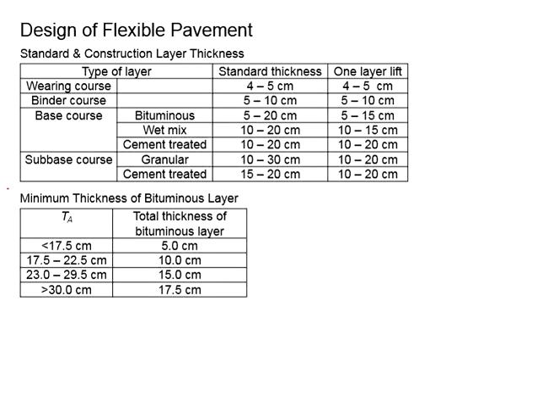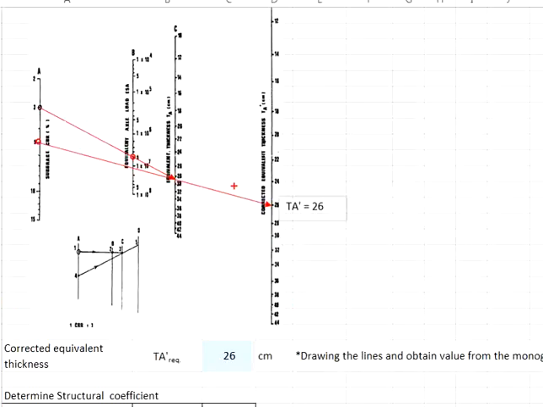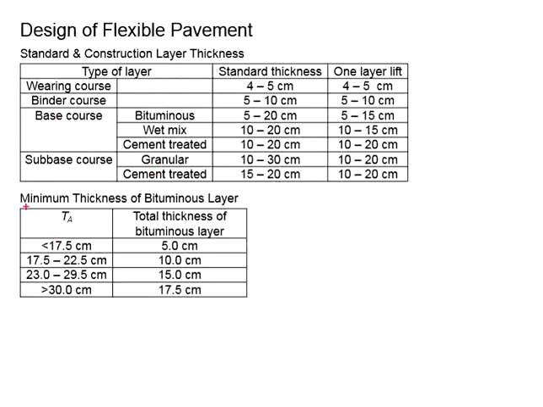There is one more requirement that you need to check, which is the minimum thickness of bituminous layer. Based on the TA that we have acquired, which is 26 cm, you will need to find the range to determine the total thickness of bituminous layer. TA 26 falls within the range of 23 to 29.5 cm.